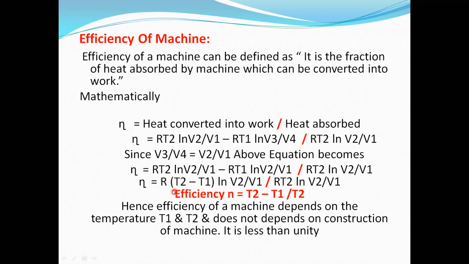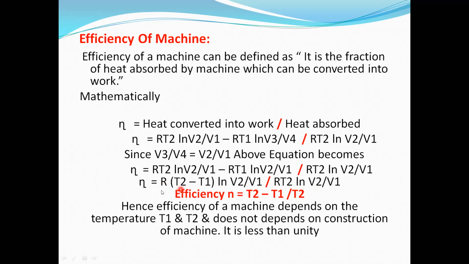Can you hear me? Yes, sir. Okay. So this R and R get cancelled. Remember that. ये R और ये R कैंसिल होगा. और क्या कैंसिल होगा? ये भी कॉमन है, देखिए ln V2 अपॉन V1 और ln V2 अपॉन V1 ये भी कैंसिल हो जाएगा. So this R and this R get cancelled, and ln V2 upon V1 and this ln V2 upon V1 get cancelled.